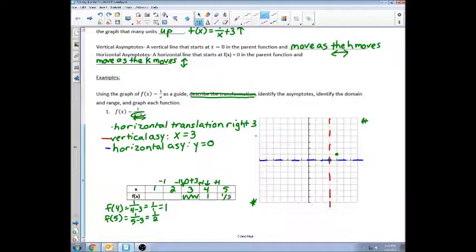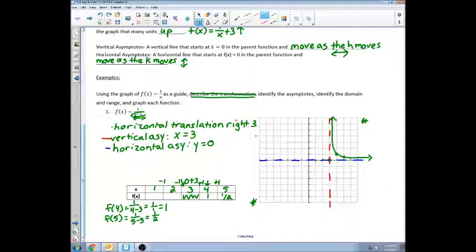So this is going to be 1 over 2 or 0.5, either way. Okay? So I go to 5, 1, 2, 3, 4, 5, up a half, and now I have my top right corner. Remember, I want to be as close as I can to the asymptote, then I'm going to bend it and get as close as I can to the next asymptote. So I'm done with the entire right-hand side of my graph.